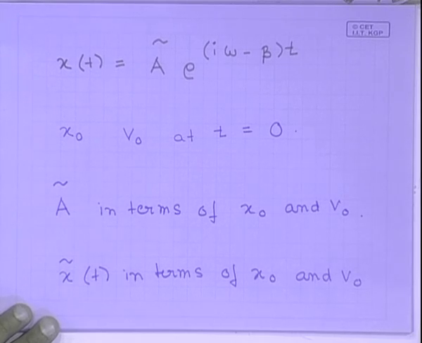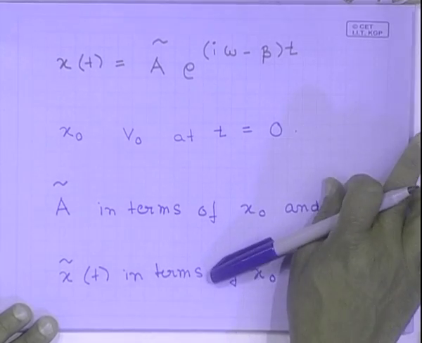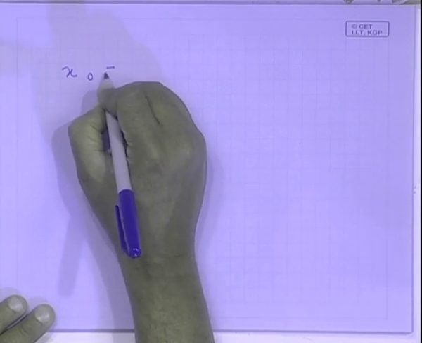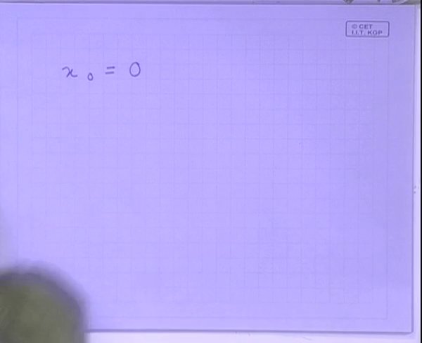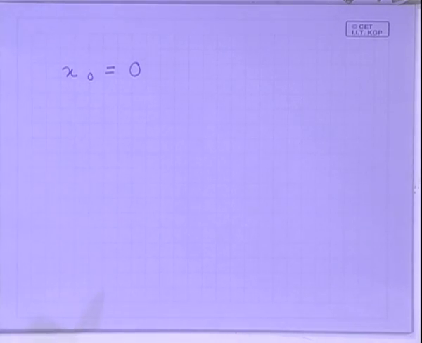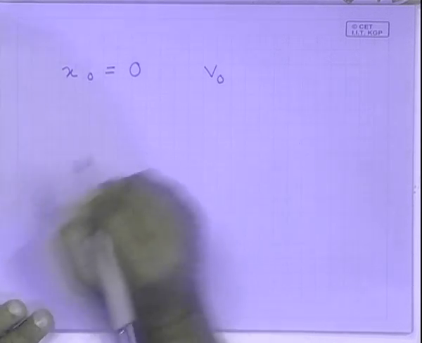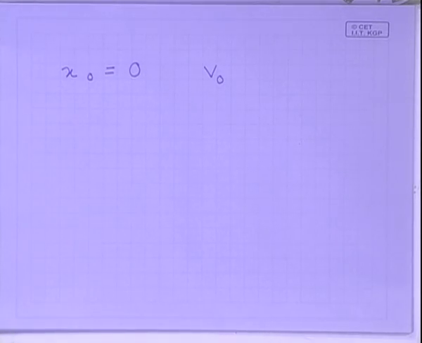The next part of the problem is as follows. You are told that for the same oscillator, the particle is initially at rest and has an initial velocity v naught. So, the oscillator is initially at rest and it has just a velocity v naught.